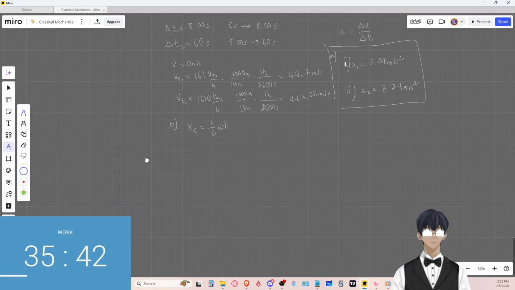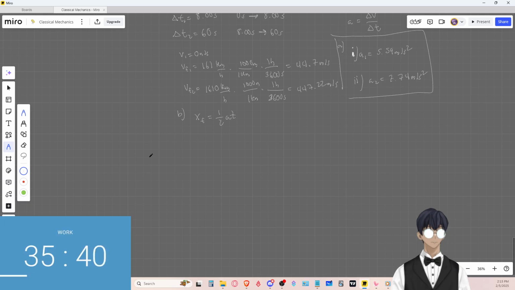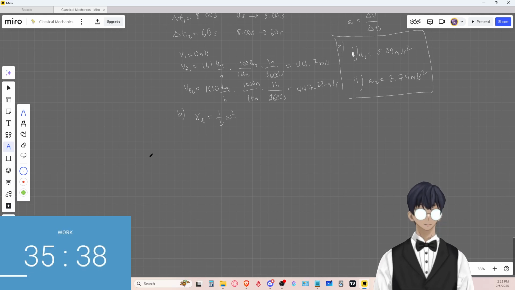Let me bring that up for you guys so you can see it. So we have to know the final distance at 1 and the final distance at 2. But we also have to add the initial velocity to number 2 here, and remember to put the displacement there.